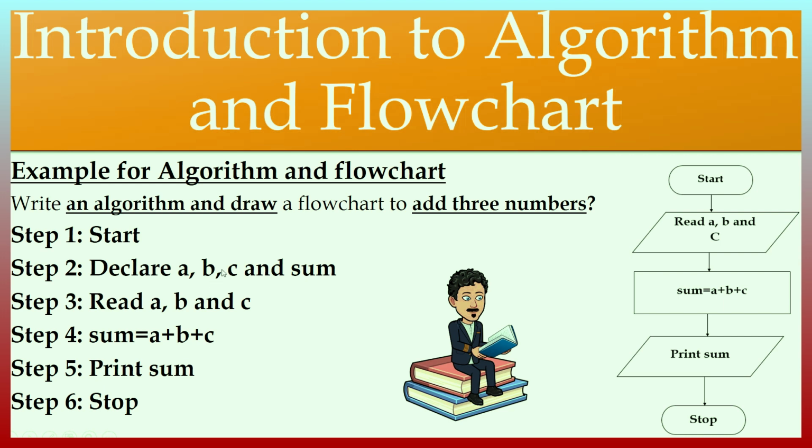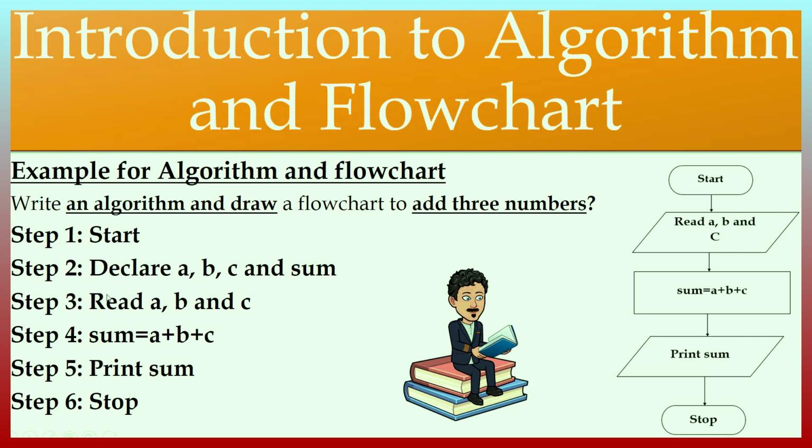In B, the second value. In C, the third value. And why do we need sum? When I add A plus B plus C, it will give me a result, and I want to store that result too. So I'm going to use one more variable called sum. So there are four variables: A, B, C, and sum.